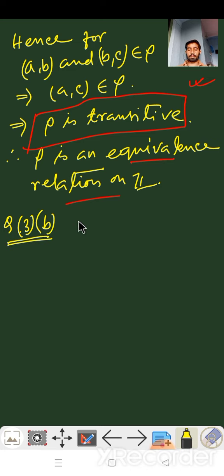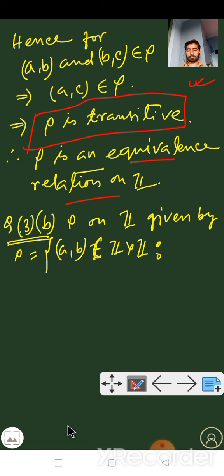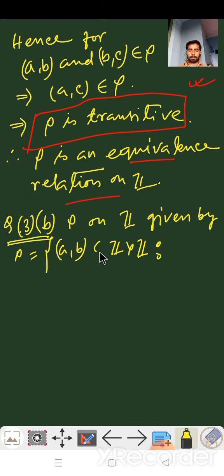In this question, a relation rho is defined on Z given by rho equals the ordered pair (a, b) belonging to Z cross Z such that the modulus of a minus b is less than or equal to 3.